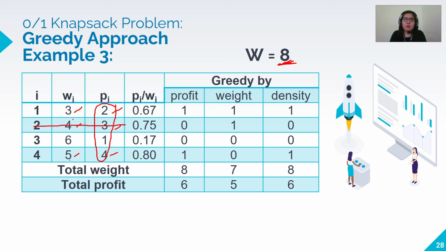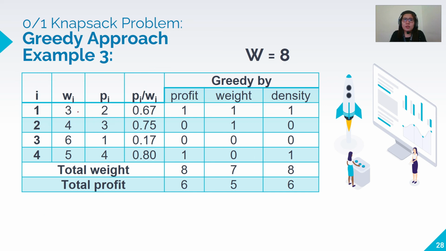So, if we'll add 5 plus 3, that is all equal to 8. So, therefore, ito yung isasama natin. 1 and 4. So, we have there 1, 0, 0, 1. Okay? Total weight, if we'll add items 1 and 4, we have 8. Total profit, we have 6.